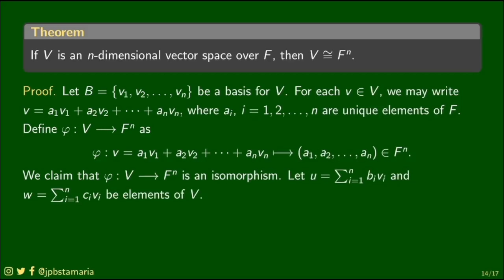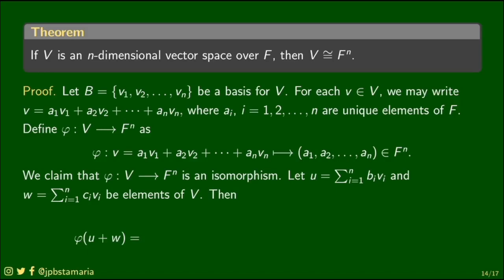To prove that, first we prove that it's linear. So we take two vectors u and w from V, B being a basis. We can write each one of these uniquely as a linear combination of the Vi's, i from 1 to n. And then I'm going to collect these scalars because they will form the coordinates.